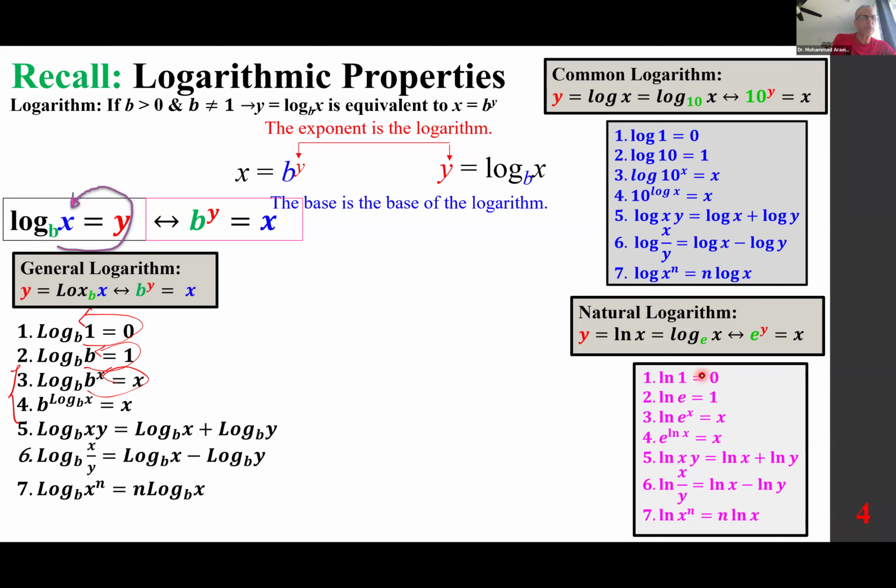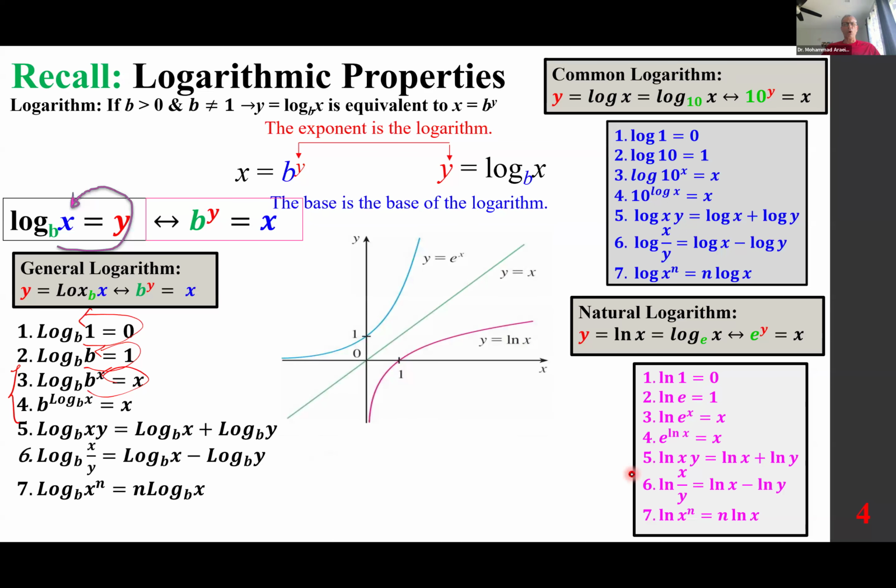Notice for numbers 1, 5, 6, 7, again, you just change the log to ln. But for example, number 2, the base is b, so is the argument. Because in the case of ln, we know the base is e, then it must be ln e, and the rest of them follow. See?